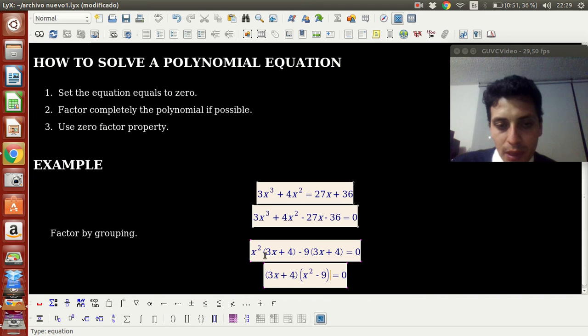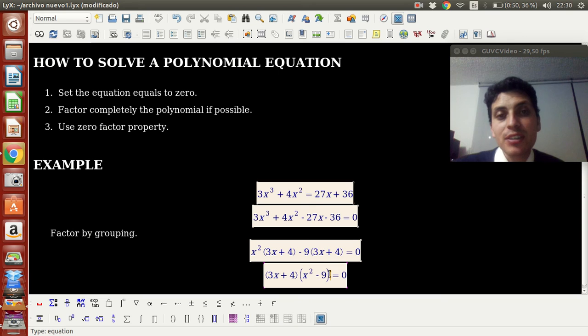We applied factor by grouping. Before you finish, you have to check that you couldn't apply another factoring method to each factor. 3x plus 4 couldn't be factored, it's prime, but x squared minus 9 could be factored.